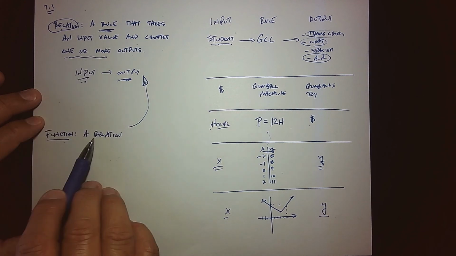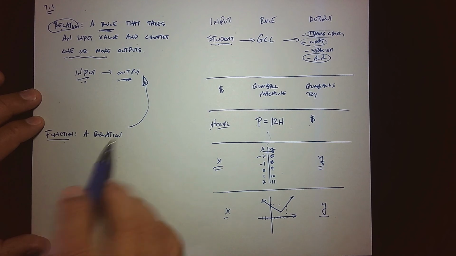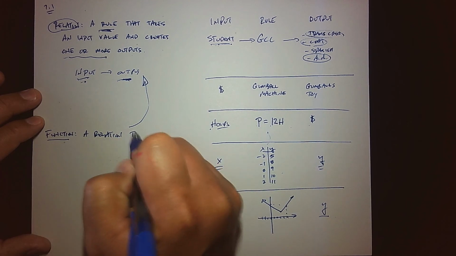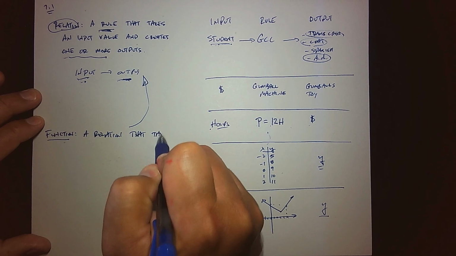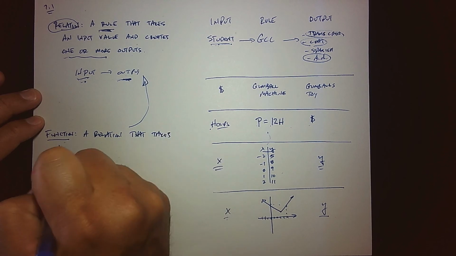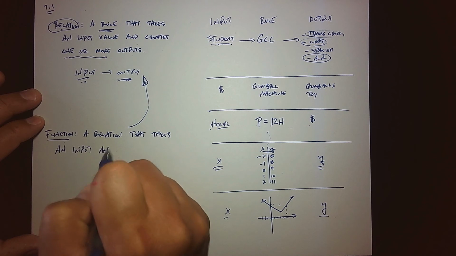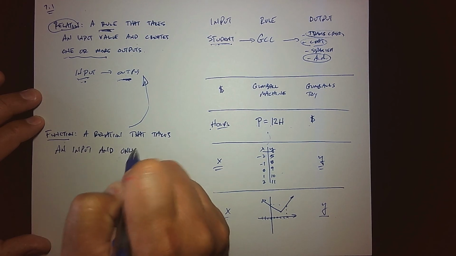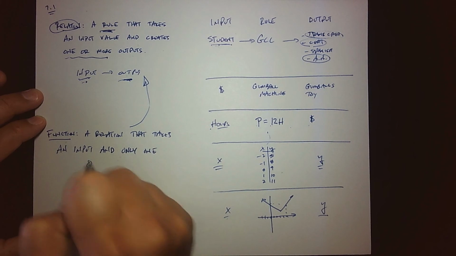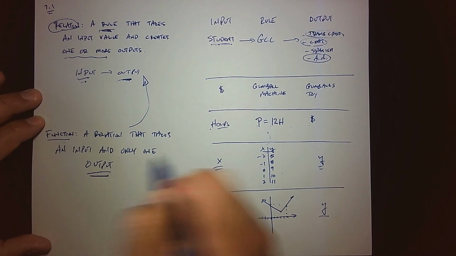However, what makes a function very unique, and not like any other relation, it's a relation that takes an input value and only creates one output. And key in that.